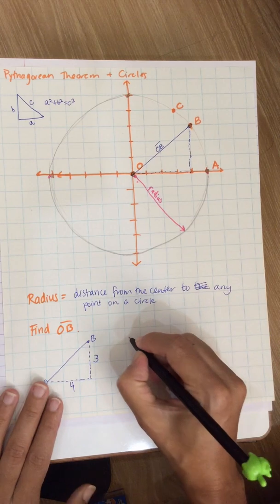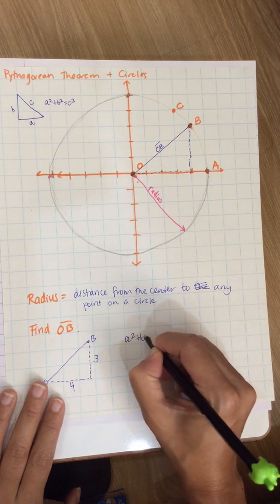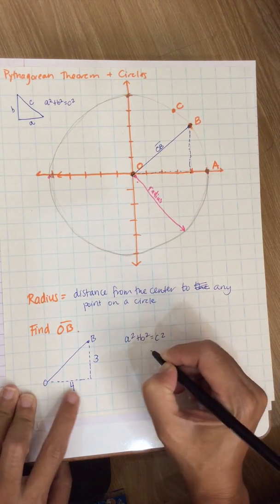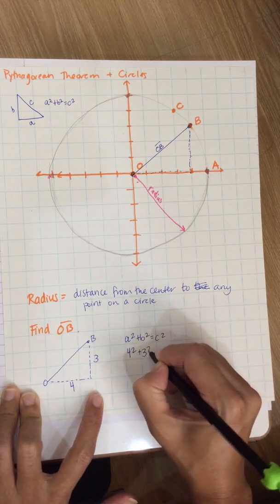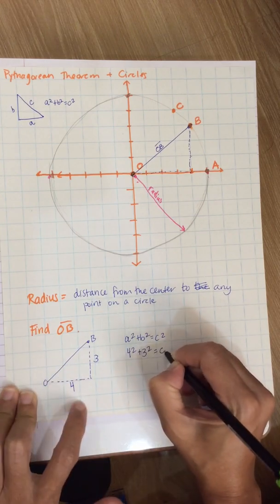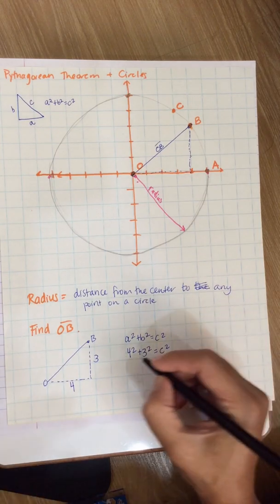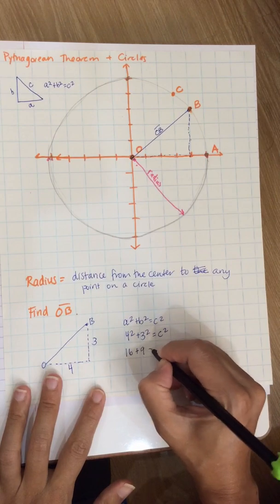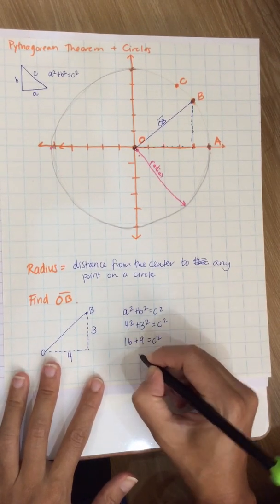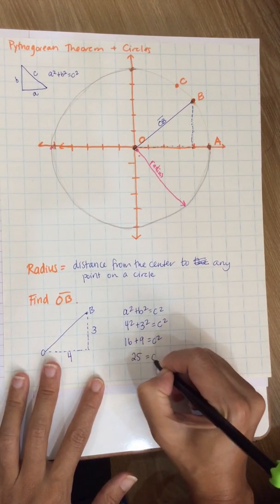Now I know the dimensions of the legs, and I can find OB because OB is just a hypotenuse. So A squared plus B squared equals C squared. A is 4, so that's 4 squared, plus B is 3, so 3 squared, equals C squared, which we don't know. That's our OB. 4 squared is 16, 3 squared is 9, so 16 plus 9 is 25, equals C squared.